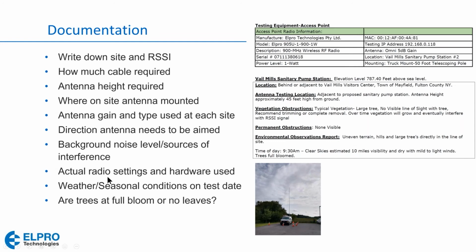Then we have to mark down the actual radio settings and the hardware used. For example, are we testing with a 915U2 demo kit, but we plan to use the 945U-E in the final installation? Because those radios are both 900 megahertz, you can use a 915U2 to test a 945U-E radio link. We just need to know that the transmit power is going to be less on the 945 and the receive sensitivity is lower. So we simply have to have a much stronger RSSI.